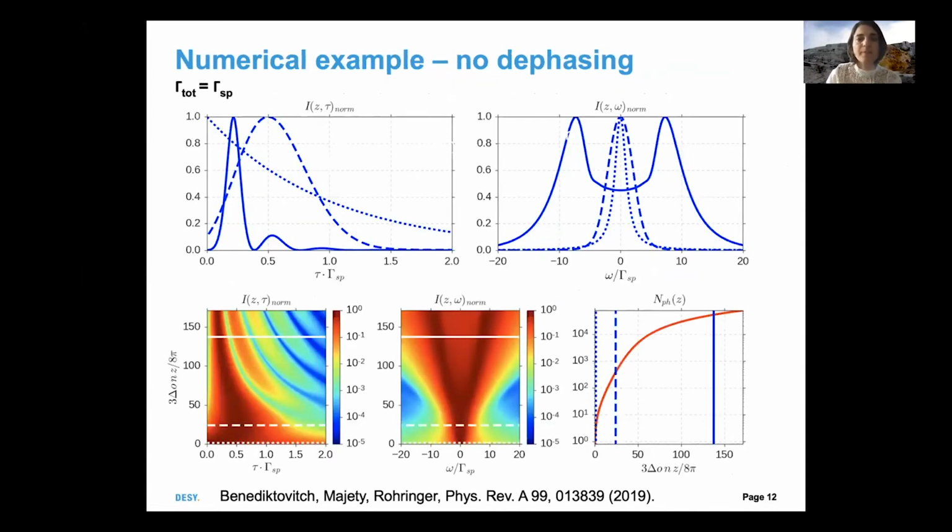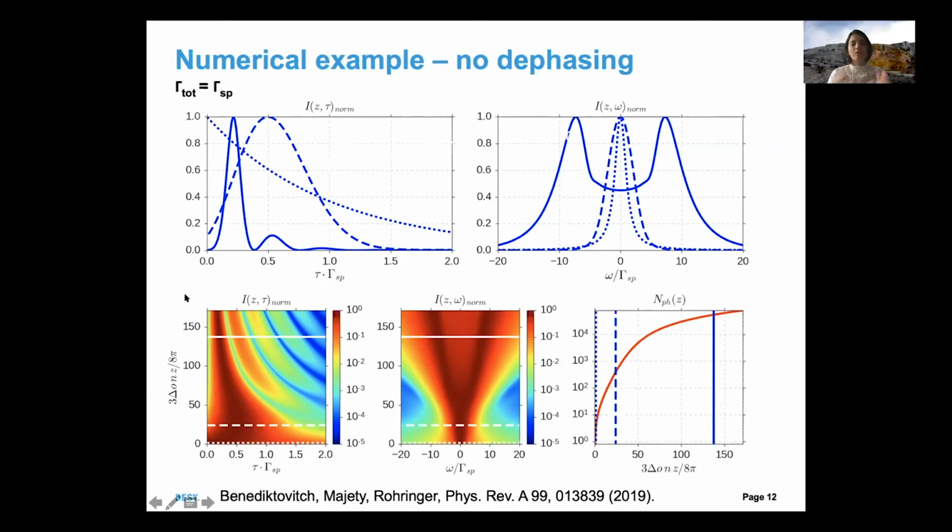Now if we solve this system of equations numerically, here for ideally pumped systems, we can get, for instance, the temporal intensity profiles of the emission and the spectrum of the emission as a function of different interaction lengths in the system.